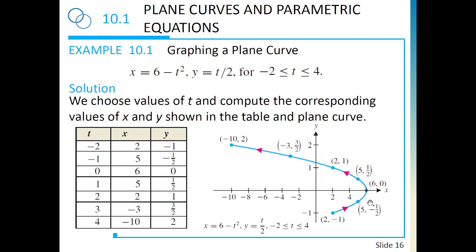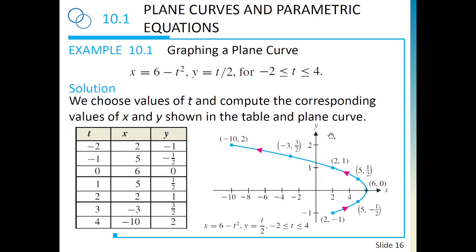So later on we will ask questions, where do we have a vertical asymptote, where do we have a horizontal asymptote, things like that. Obviously we will want to compute, let's say, the slope of a tangent line at a specific point for some value of t. We will get the point, and then we want to know what is the slope of the tangent line, for instance. For now we just want to draw these curves. Later on in 10.2 we will compute these other things.